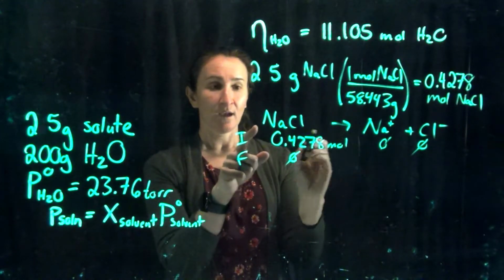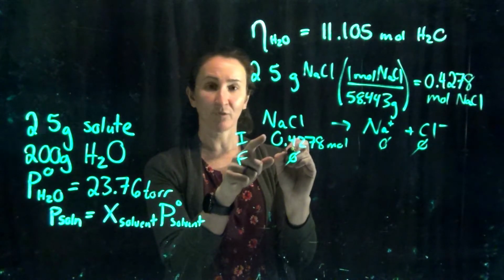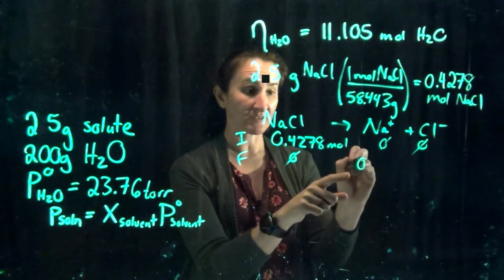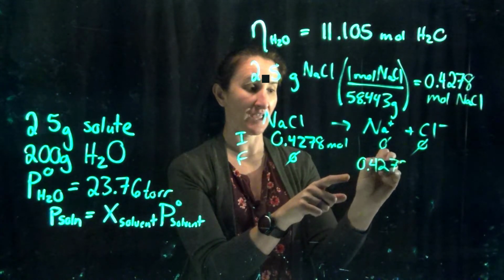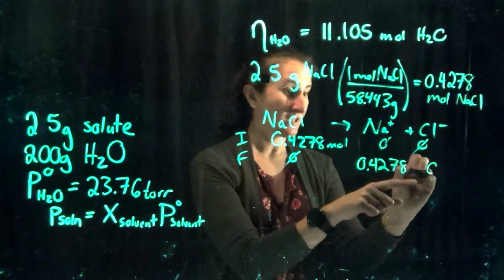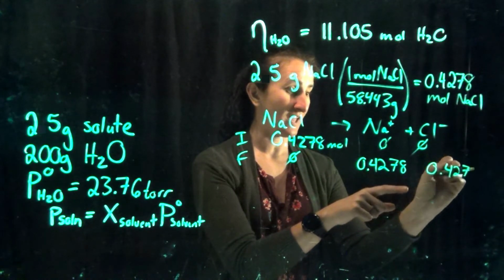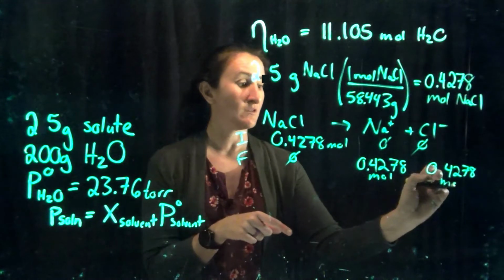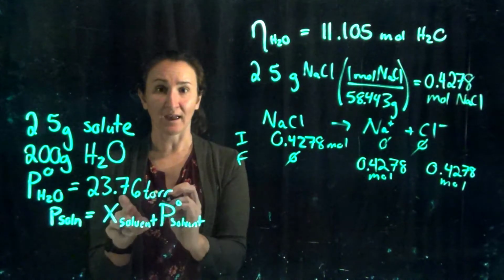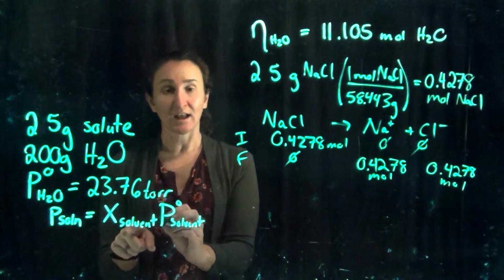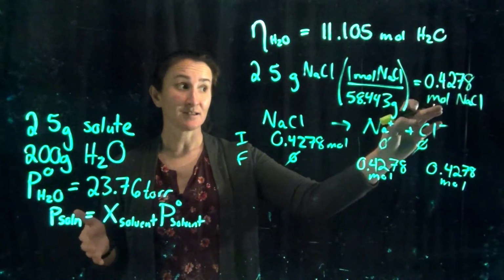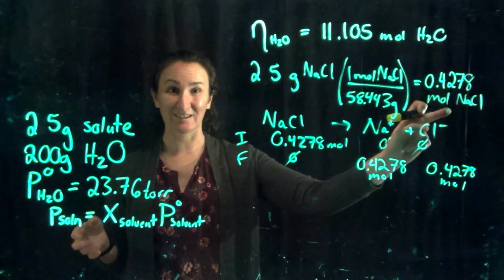It's 1-to-1, which means if I had 0.4278 moles of sodium chloride, I now have 0.4278 moles of sodium and 0.4278 moles of chlorine. And so I have both of these numbers of moles. When I'm putting it into my X here, my mole fraction, I need to make sure I include everything that's present in my solution, not things that don't exist in my solution, all right?